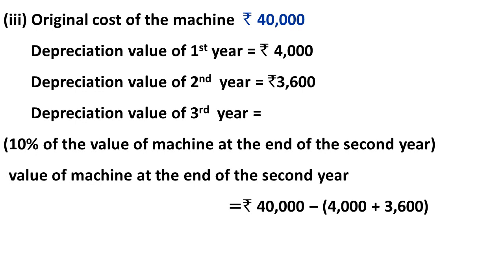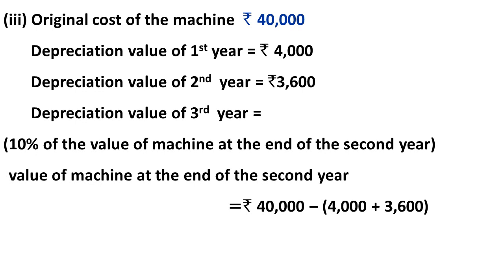So at the end of the second year, the value of the machine will be equal to 40,000 minus of 4,000 plus 3,600. So try to understand this point very much clearly, children. Original cost of the machine was 40,000. So at the end of the first year, what happened? Its value is decreased by 4,000. So 36,000 is the value of the machine at the end of first year. Again, at the end of the second year, its value is depreciated by 3,600.